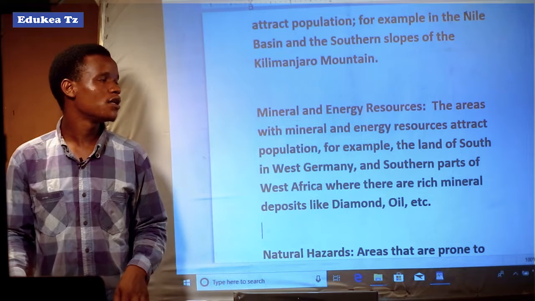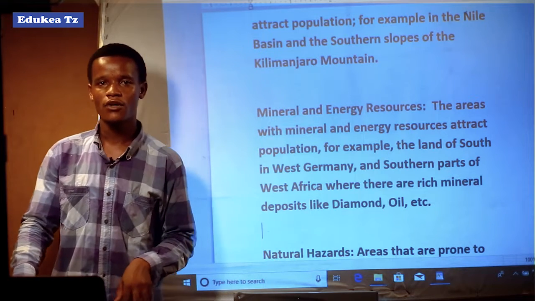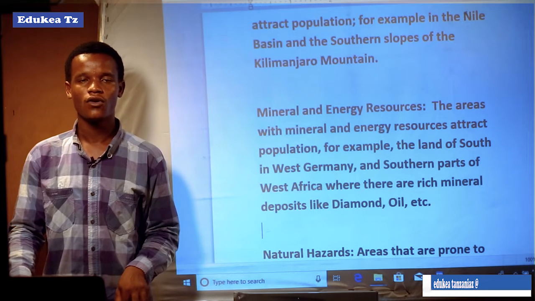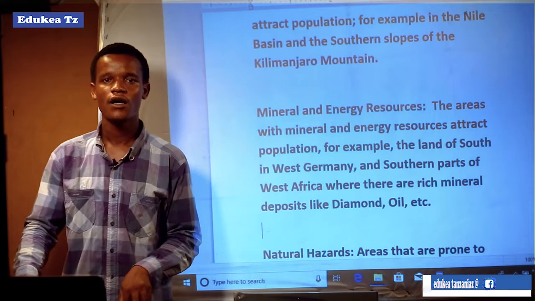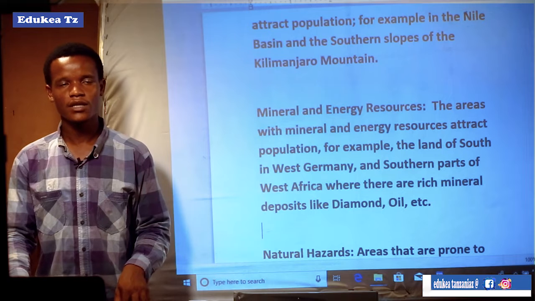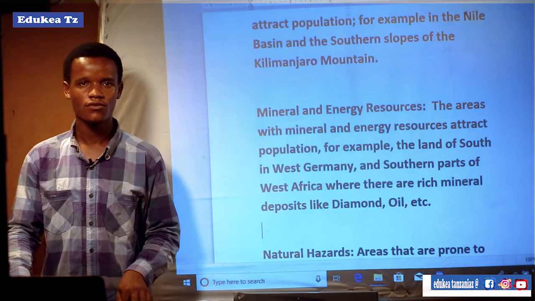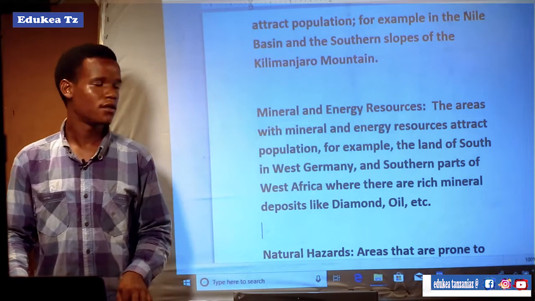Another is mineral and energy resources. The areas that have minerals attract people to go there to practice mining activities to earn a living. So the areas that have availability of minerals tend to attract people, and hence the population will be high compared to the areas that do not have minerals. People will not be attracted to live there.